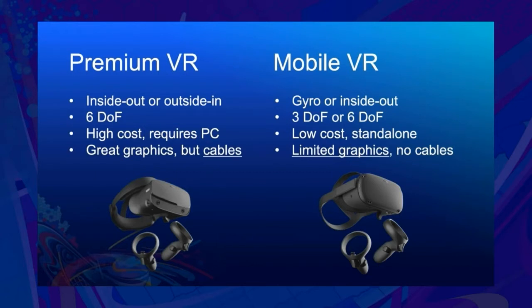So both premium and mobile VR have 6 degrees of freedom and inside-out markerless positioning, and mobile hardware is getting better and better, with dedicated chipsets, for example, to deliver better VR experiences. But it still is difficult to match the graphics capability and the computing power of VR systems that are tethered to a PC.